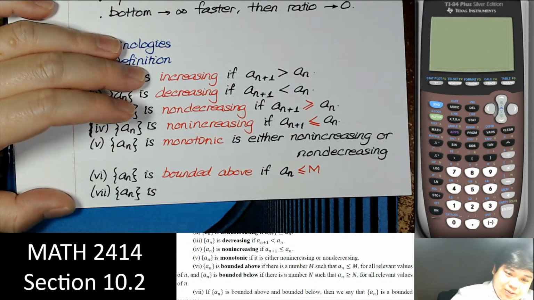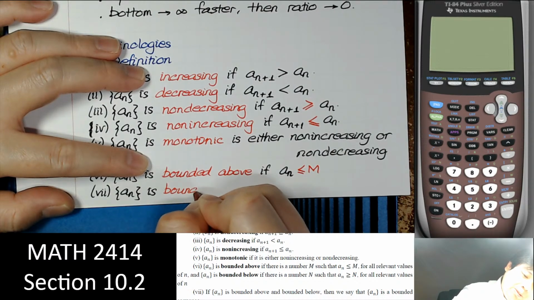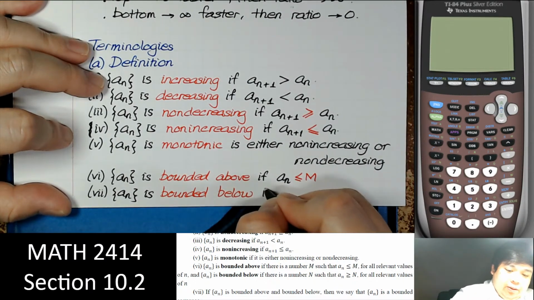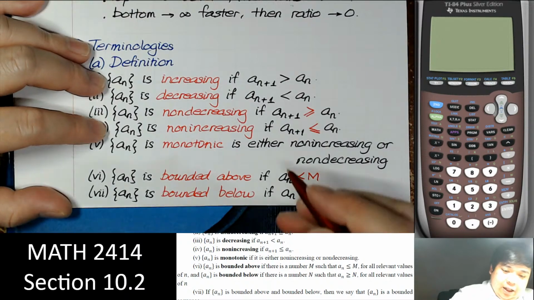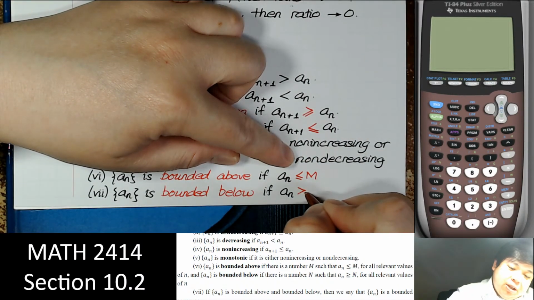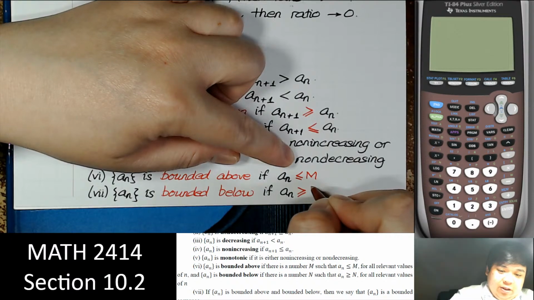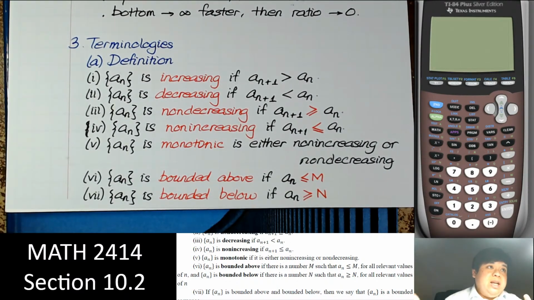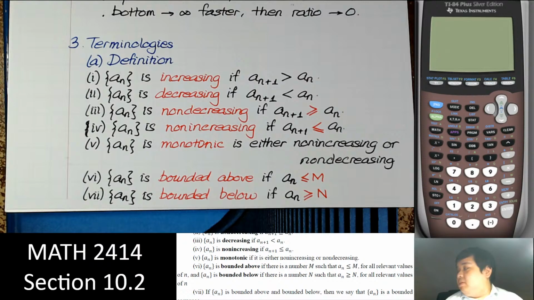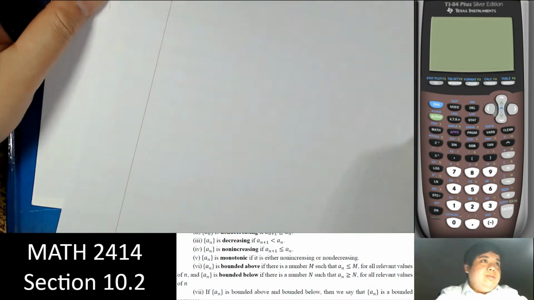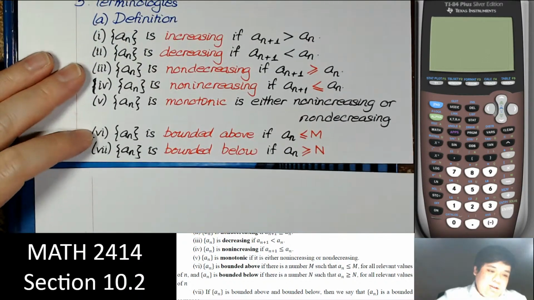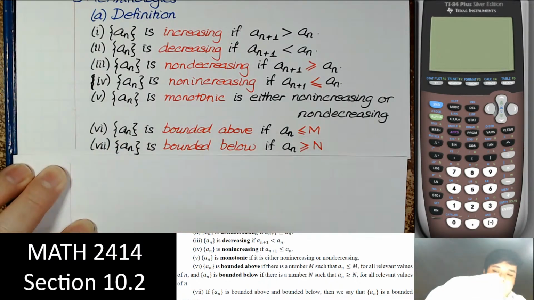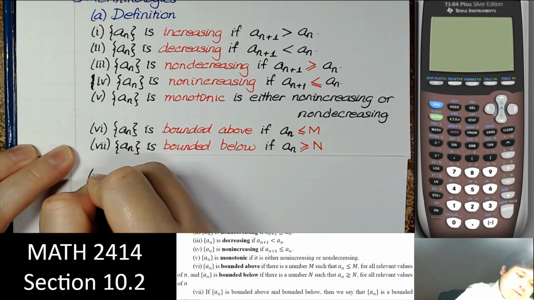Is bounded below if all the terms are bigger than or equal to some number L. And it is bounded if it is either bounded above or bounded below.